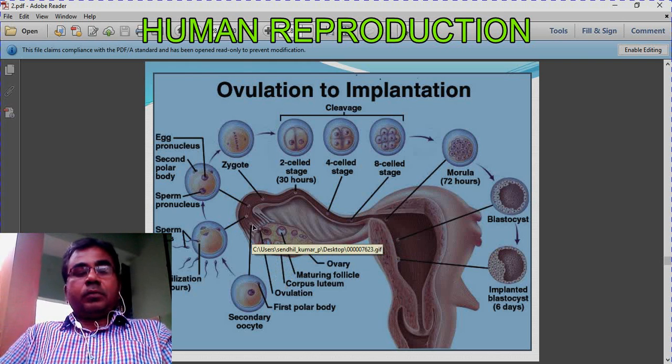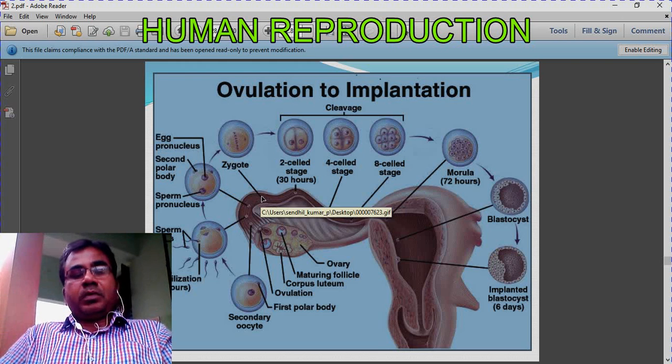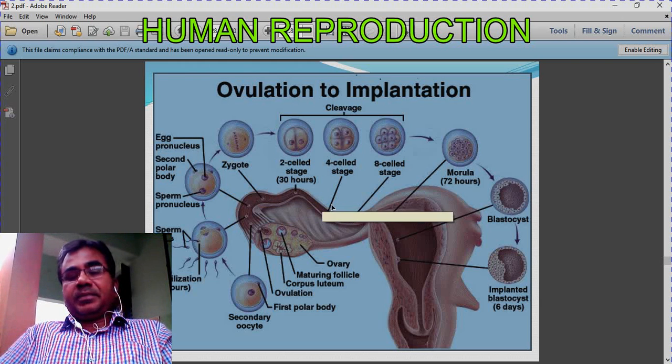Once the ovum is released, it will be taken to the fallopian tube. Here, what takes place? Fertilization takes place in the fallopian tube. After fertilization, the fertilized egg will be taken to the uterus, where it gets implanted.